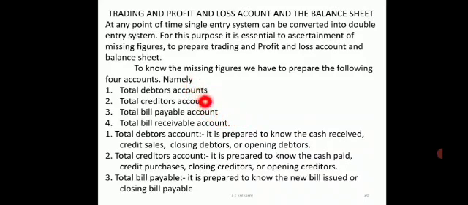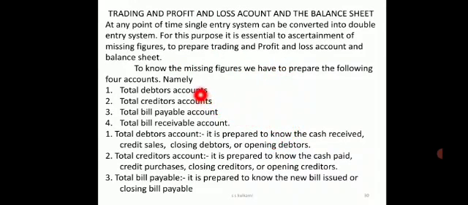So with the help of these four accounts, a trader can easily convert the single entry system into double entry system, and he will be able to prepare trading profit and loss account and balance sheet. So this type of problems for this year may come for 6 marks.